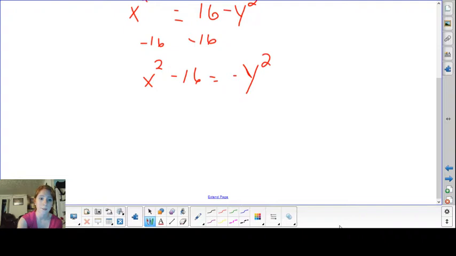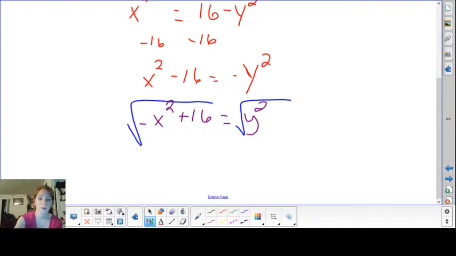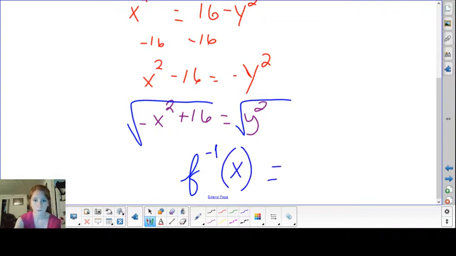So I'm going to divide everything by negative 1, and when I do that, all of my signs switch. One extra step. Now we need to get y by itself. To undo that square, we're going to take the square root. So the inverse here of f is the square root of negative x squared plus 16.